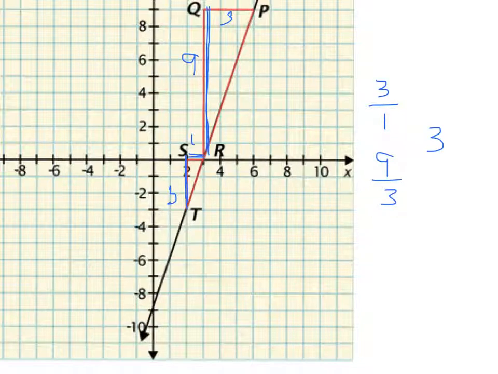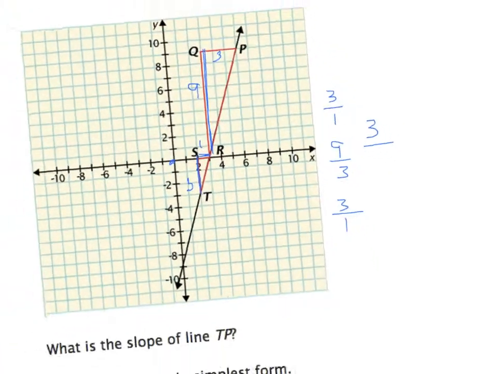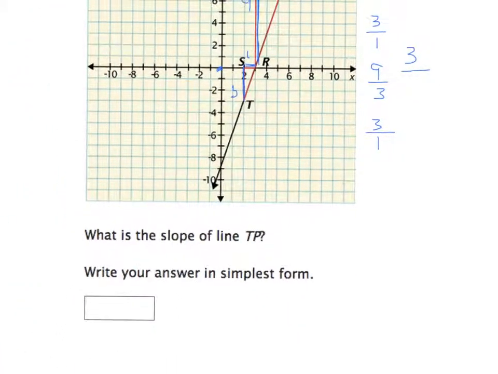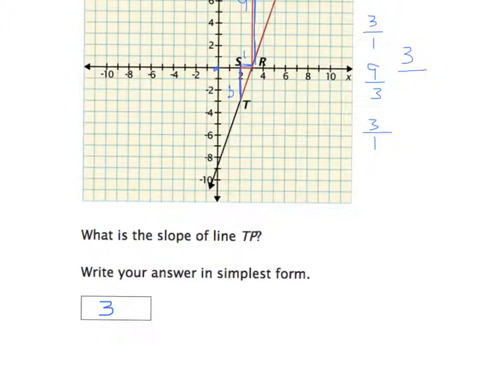It's not a unit rate anymore because it's not proportional. This relationship doesn't go through the origin like in the last unit, but we have a rate of positive 3, so 3 over 1. So if we are going to answer this question, what is the slope? We could just say it is 3.